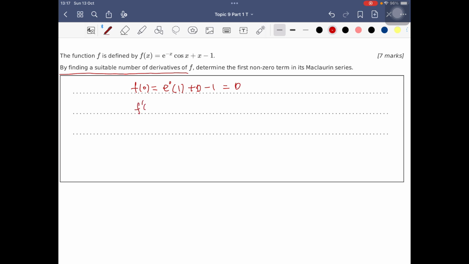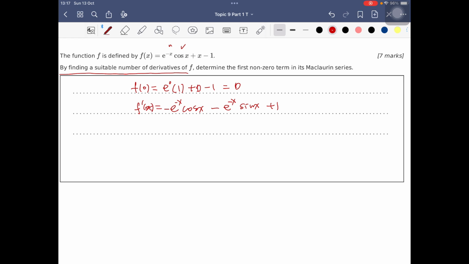So f prime of x, using the product rule, is e to the power of negative x cos x plus e to the negative of x. Sorry, here, negative e to the negative of x cos x, negative sine x plus 1.